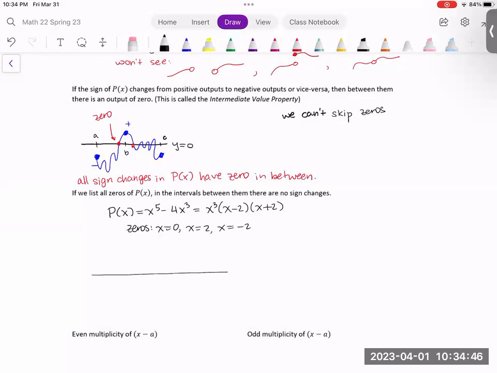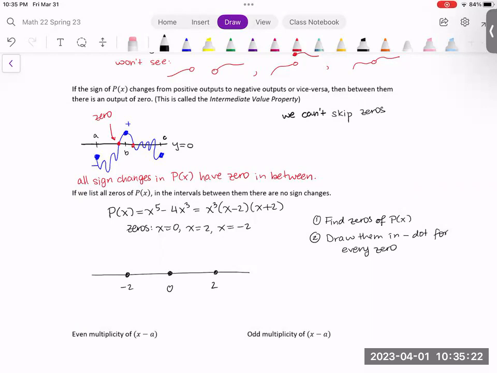Okay, so what are we doing? We're going to build what's called a sign chart. What we're going to do is we first find our zeros. Then we're going to draw them in, in the order they are on the real line, negative 2, 0, and 2, with a dot for every 0.